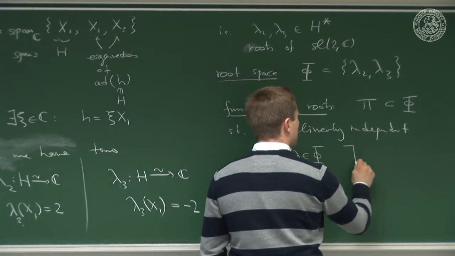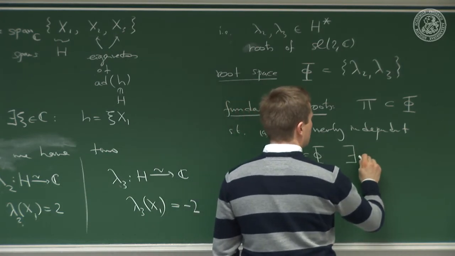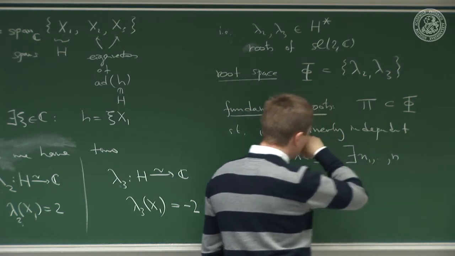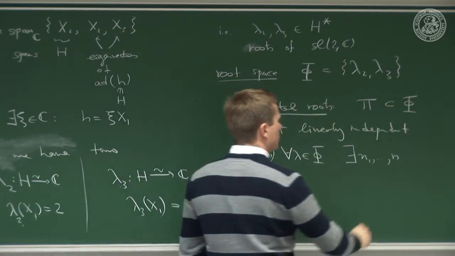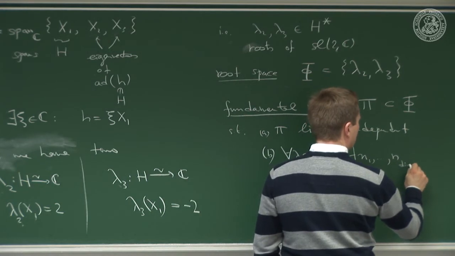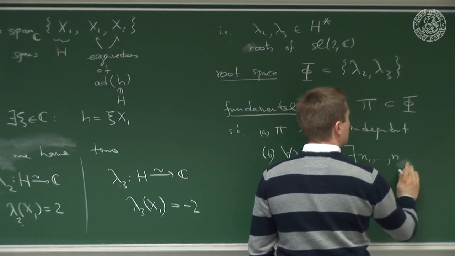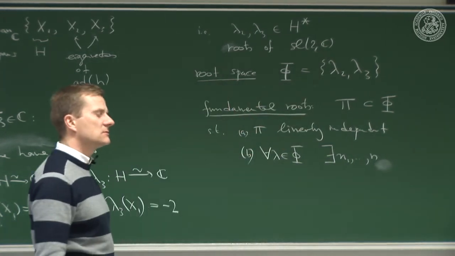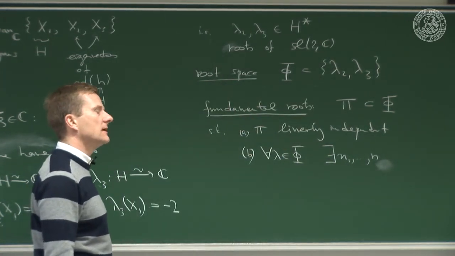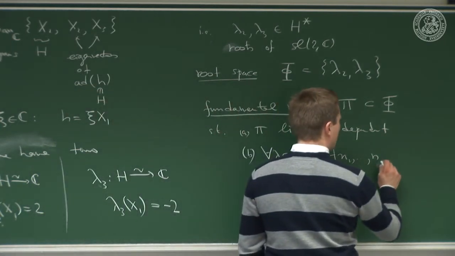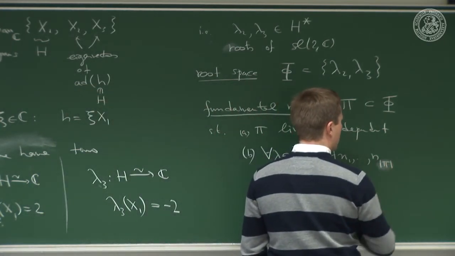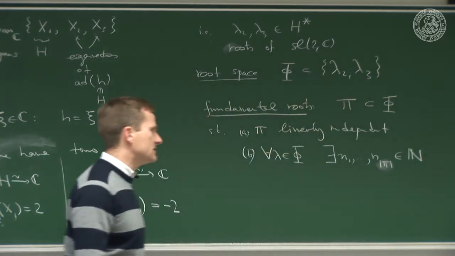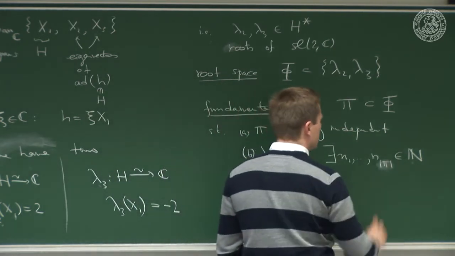For every root, there exist numbers n1 to n of the size of pi, and these numbers are integers, but they could be 0, because our notation of the integers included the 0.